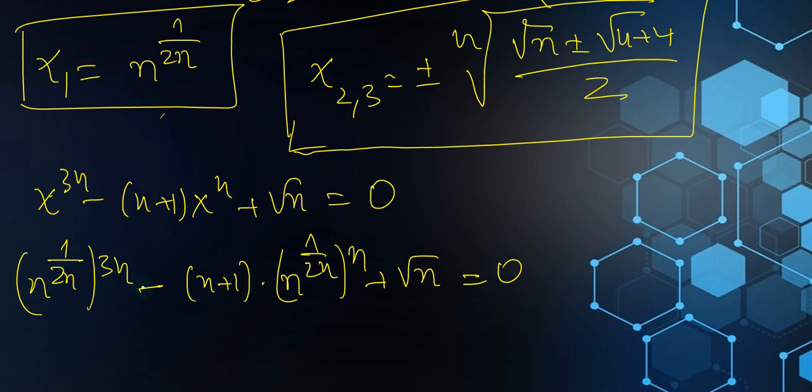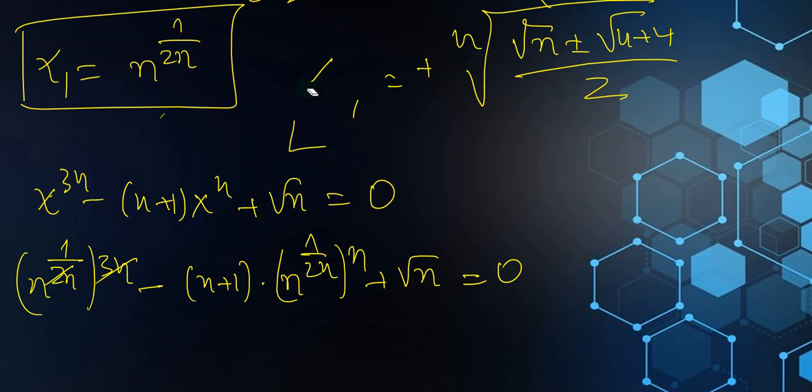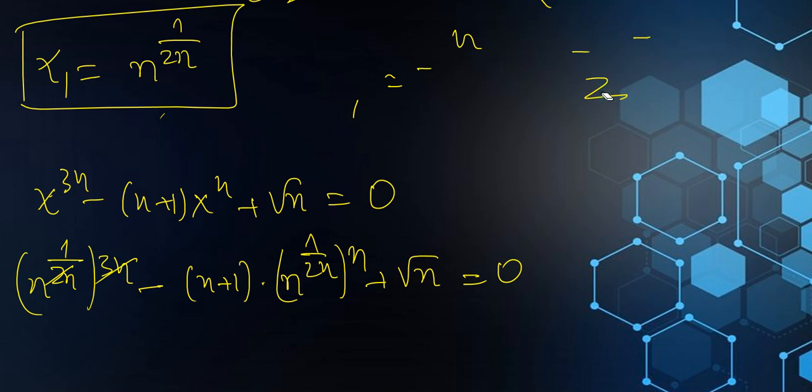If this is equal to 0, then this one will go with this. So we're gonna have just n to the power of 3 over 2. Actually guys, for the matter of space, I'm just gonna erase these solutions here because we already showed them. I think we're gonna need some space, and it's better writing this here.